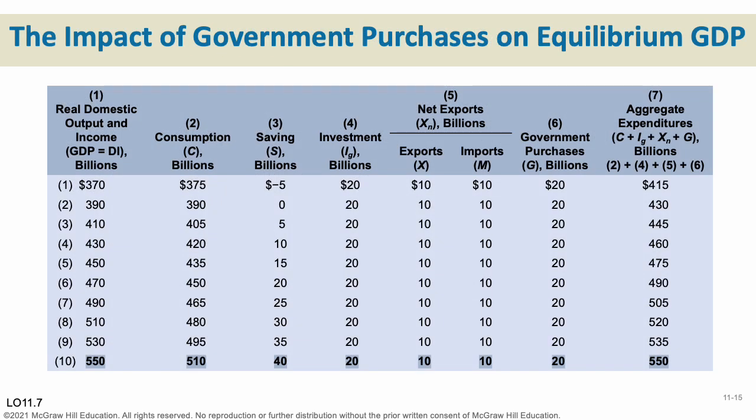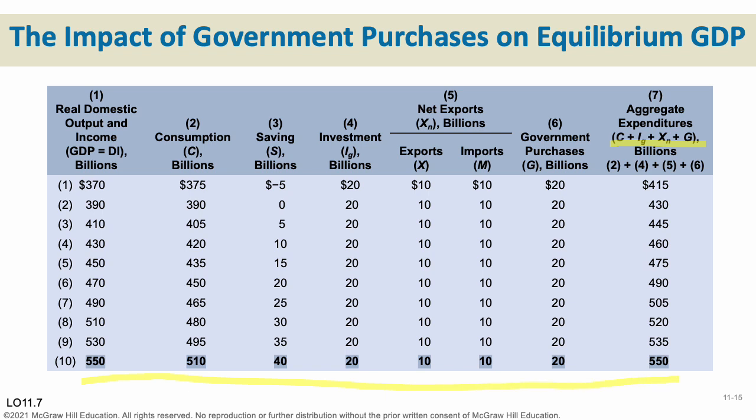So if we look at government spending, the previous one, our equilibrium GDP, was at 470. Now we have a different thing, because expenditures is not C plus IG. Expenditures is now C plus IG plus trade plus government spending. So our expenditures have changed, and our equilibrium now jumps to 550.